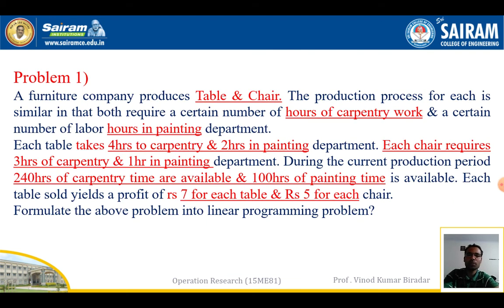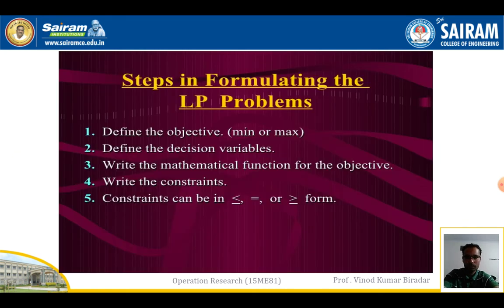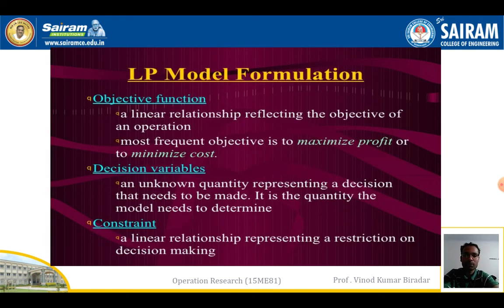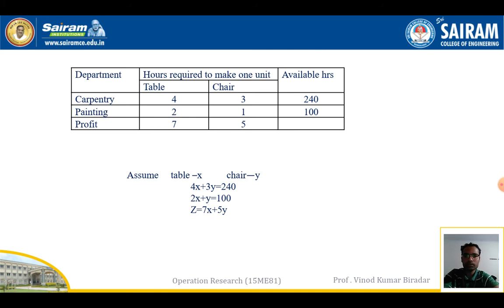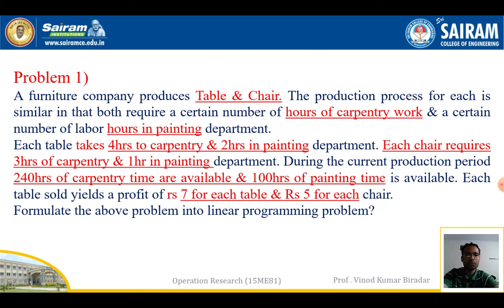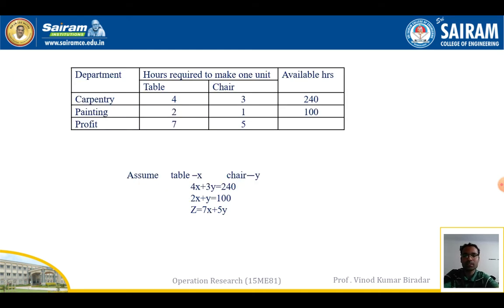Now we look at the first problem of formulating the LP problem. I marked here the objective, the constraint, and the decision variable. The question is usually big, but the answer is very simple, just two lines.